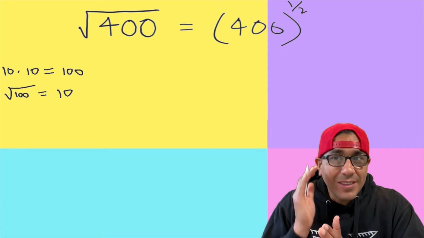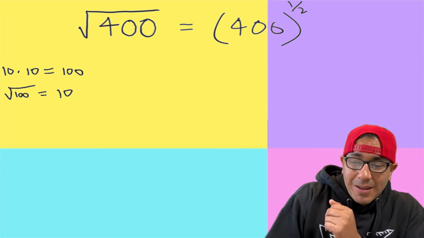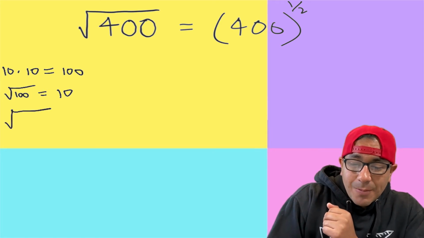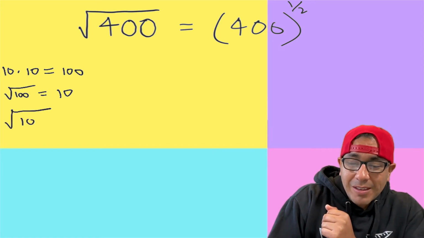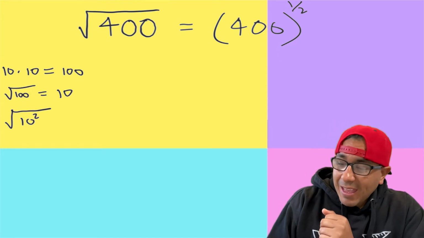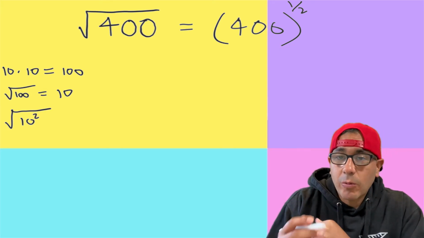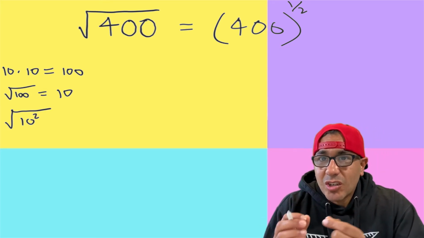That's what we're thinking about when you're taking the square root. And I could rewrite this 100 as 10 squared, because that's 10 times 10. And what we're going to see is that when you square something and then you take the square root of it, they cancel each other out.